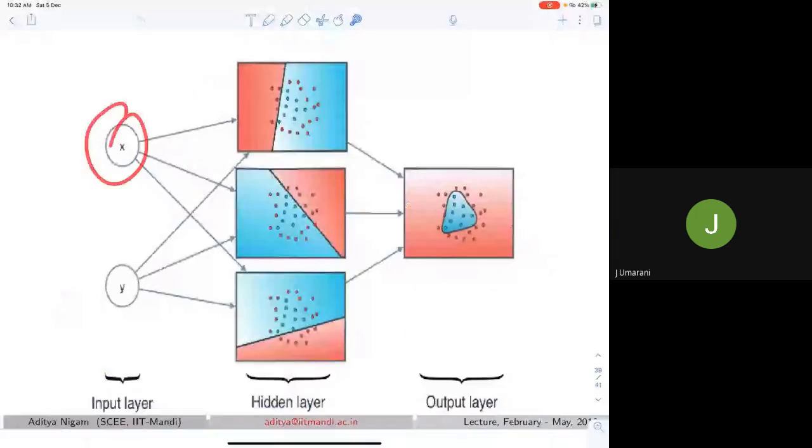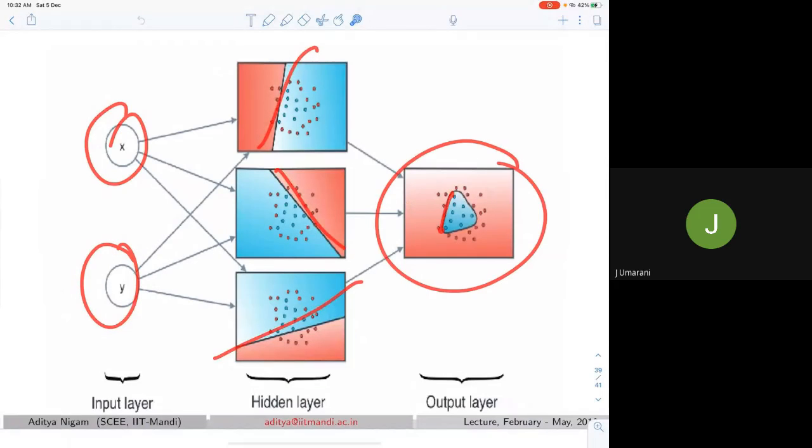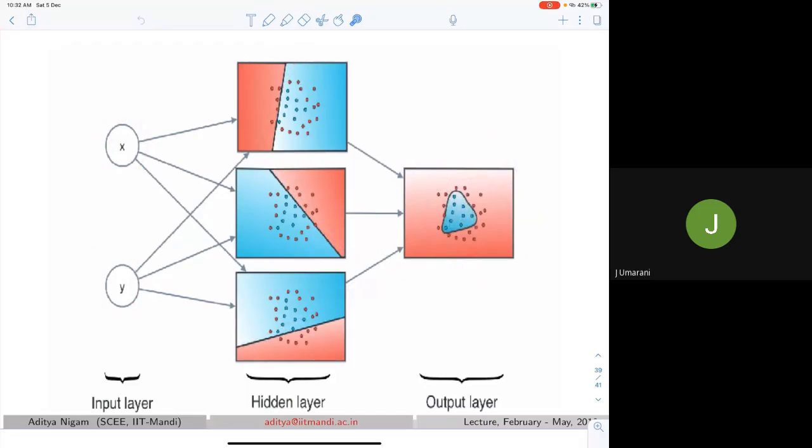So I have X and Y, multiple such things, and it actually learns a completely convex surface like this, where things are in between and other things are completely outside. You will not be in a position to come up with any single hyperplane like this which gives you the performance of a boundary like this. And you can learn such a boundary if you have three such neurons.